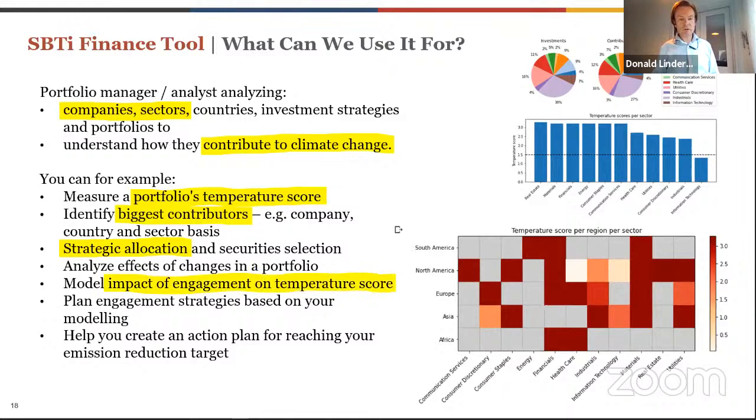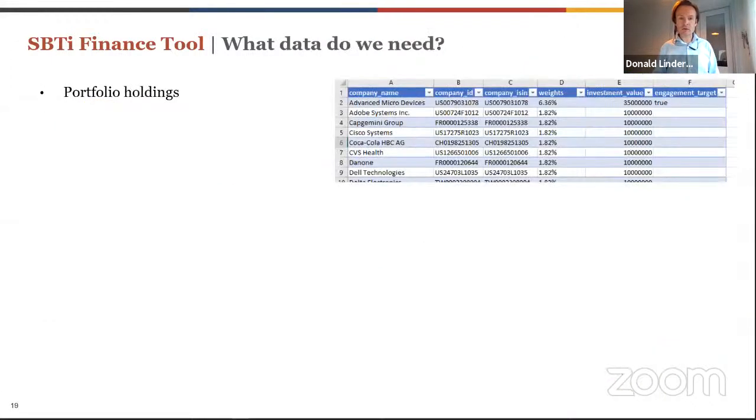But more importantly, you can also model impacts of engagement on the temperature score, so that you can plan your engagement strategies going forward and see where your engagement is going to have the greatest effect on both the climate and on your portfolio's temperature score, naturally.